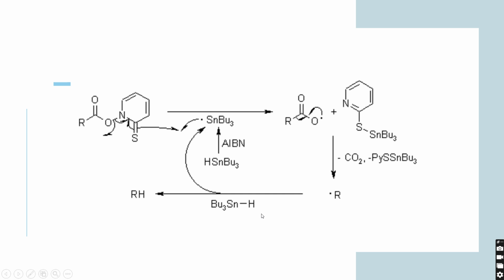Okay, so since the AIBN can break the tributyl tin hydride into tributyl tin and hydride radical, that hydride radical can couple with the alkyl radical to give us the desired alkane. Okay, so this Barton ester reaction can be used for conversion of carboxylic acids into alkanes.